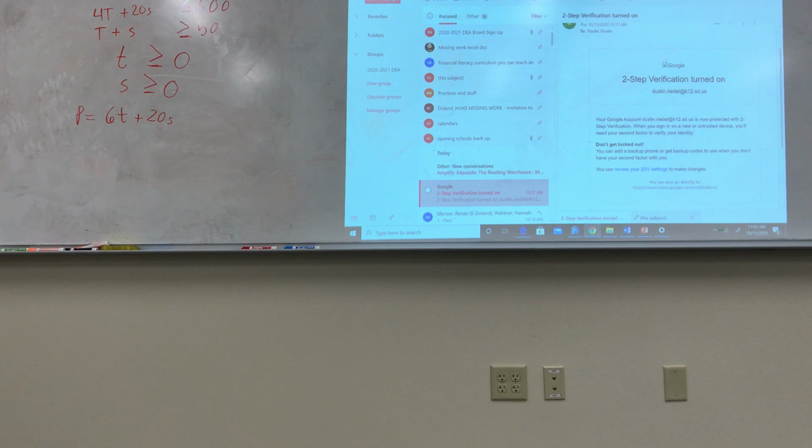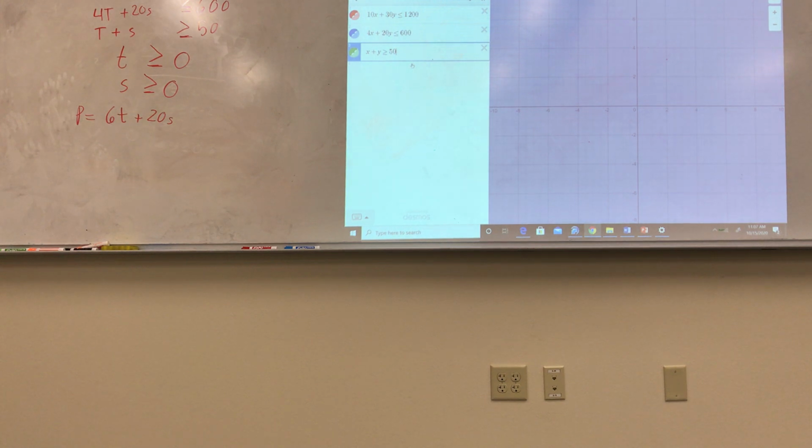Okay, once again, 4x plus 20s, which is y, is less than or equal to 600. My other constraint is x plus y is greater than or equal to 50. I typed all that stuff in there before I changed that.